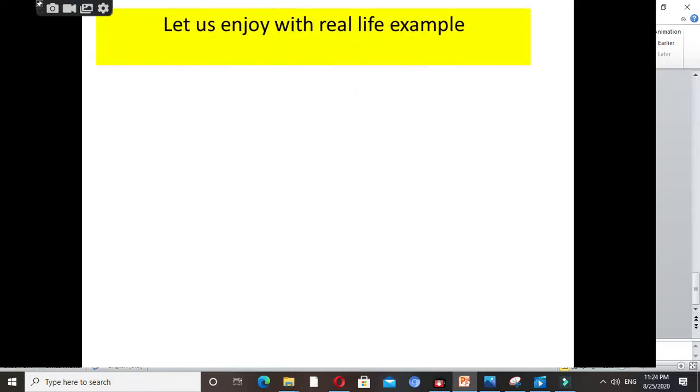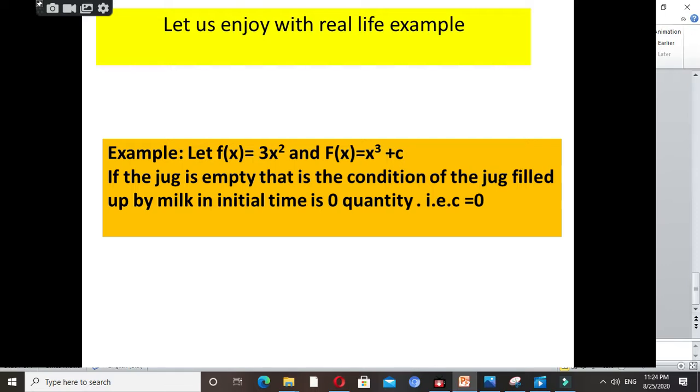Let us enjoy a real life example. Here f(x) is equal to 3x square, and capital F(x) is equal to x cube plus c. If we integrate this f(x), we will get this F(x), and if we differentiate this F(x), we will get this f(x).